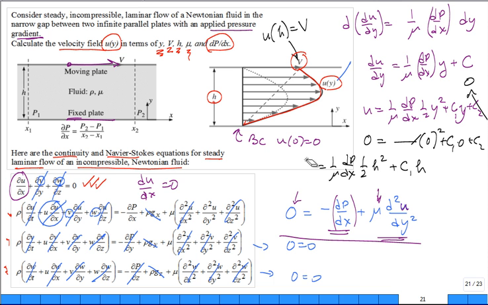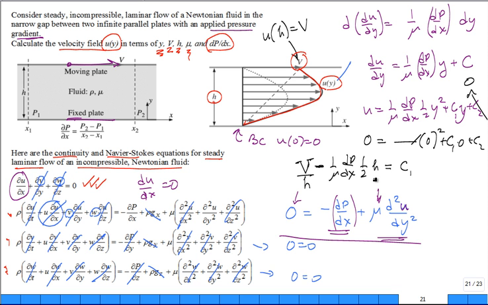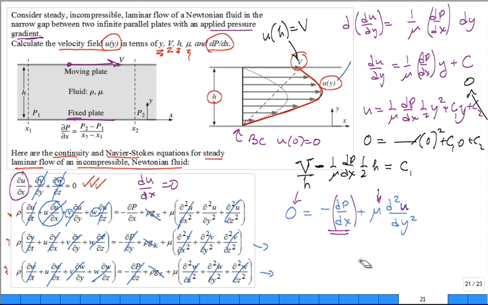This is now cap V. Can you see that I solved for C1? So C1 is equal to the minus 1 over h. Makes sense? So now I have solved for it. We just have to simplify it.